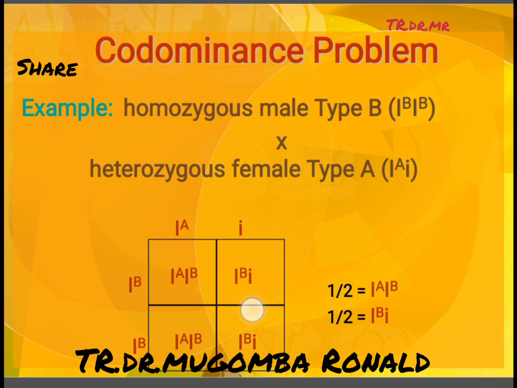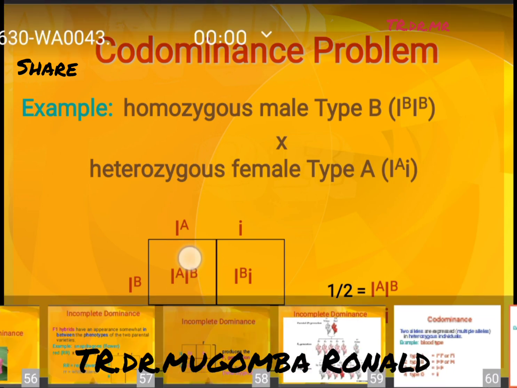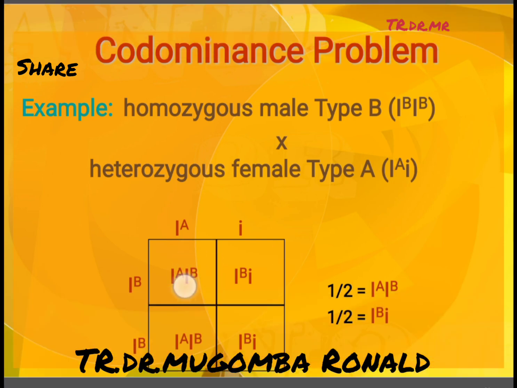Because B is present and B is dominant over blood group O. This one is blood group AB simply because the allele for blood group A is codominant with the allele for blood group B. So this person will be AB, this one AB, this one B, this one B. That is how we arrive at that.